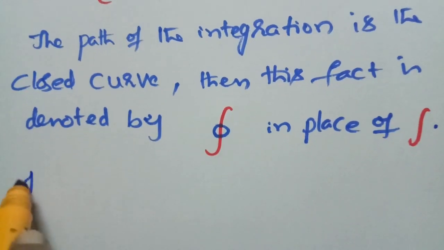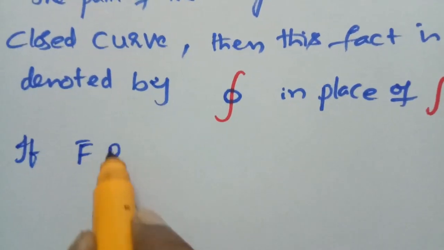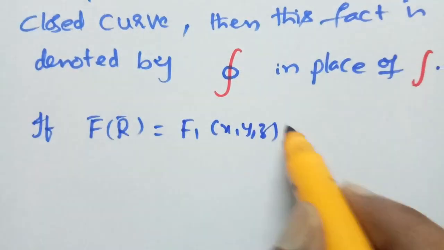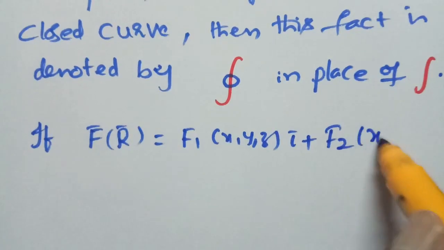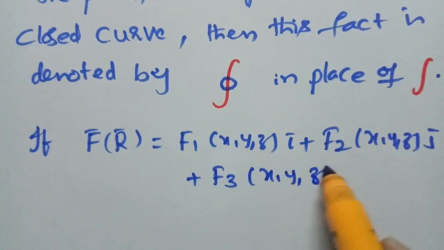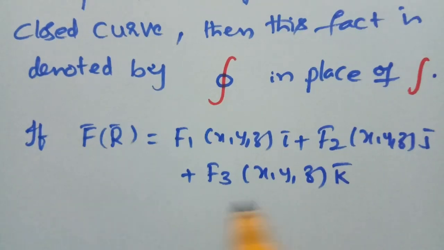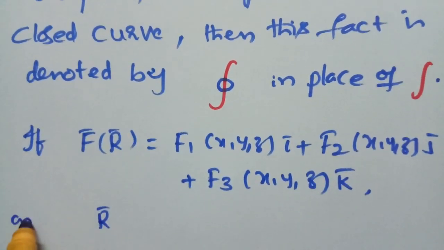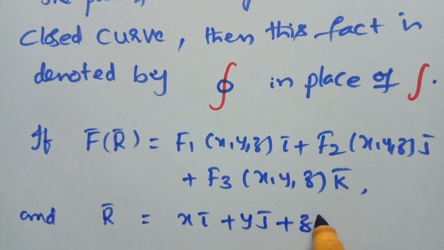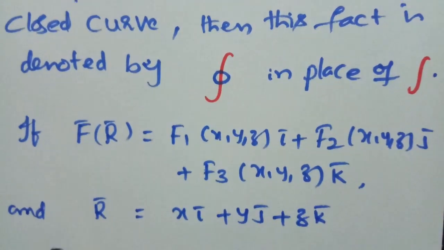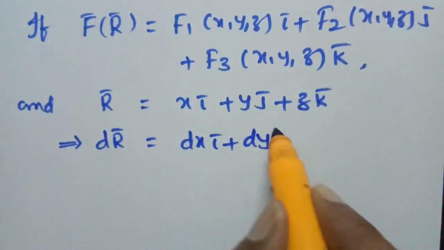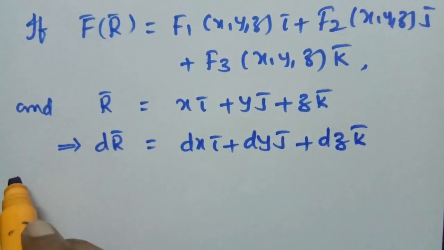Now, if f bar of r bar is equal to f1 of xyz i bar plus f2 of xyz j bar plus f3 of xyz k bar, and r bar is equal to x i bar plus y j bar plus z k bar, the position vector, then dr bar is equal to dx i bar plus dy j bar plus dz k bar.